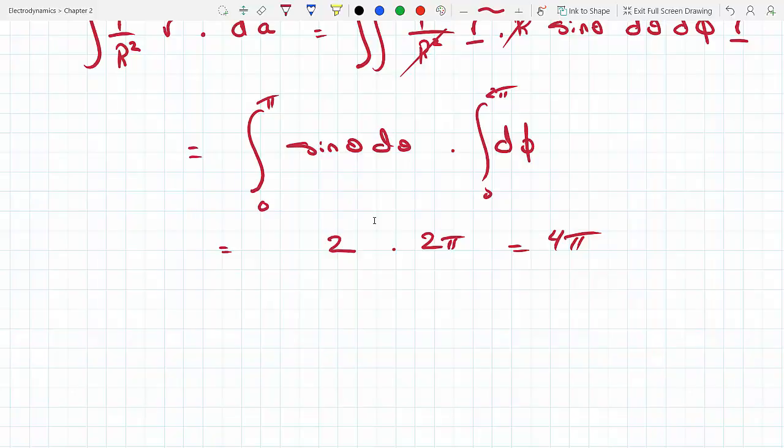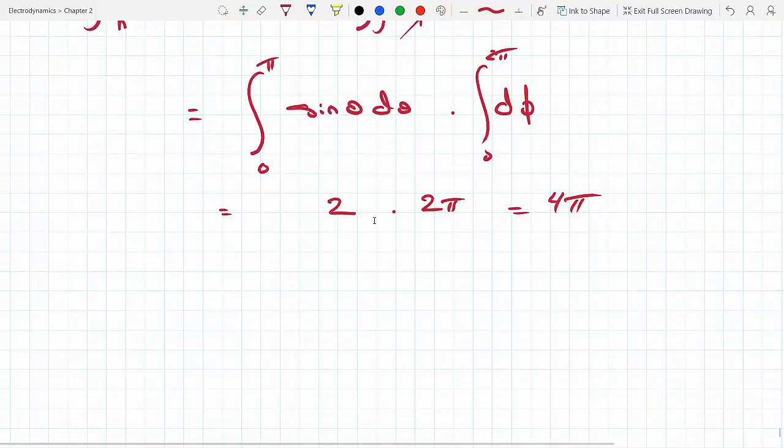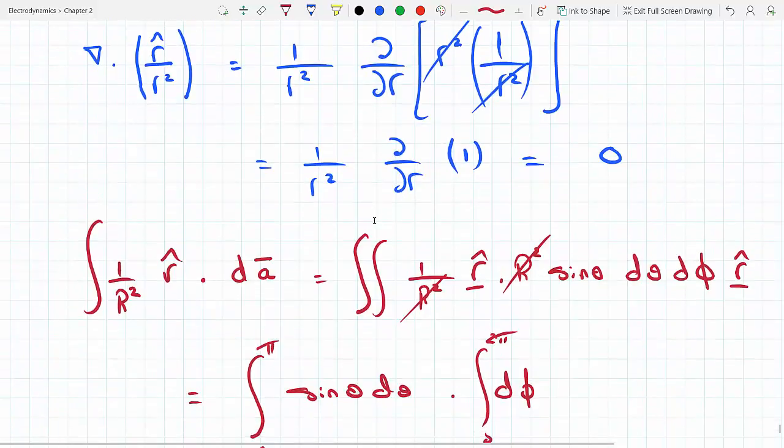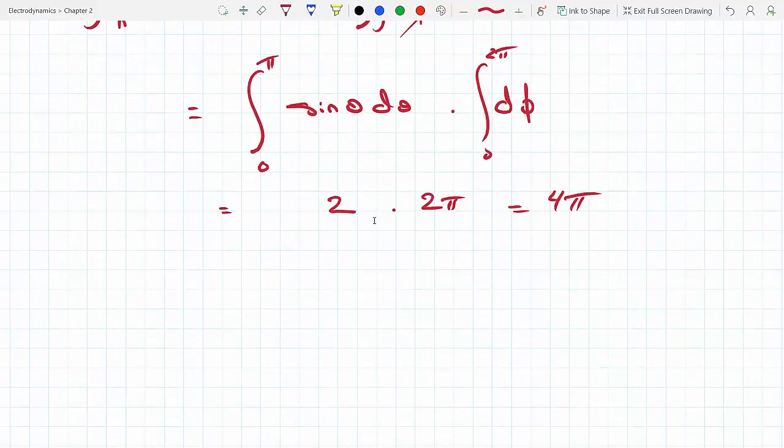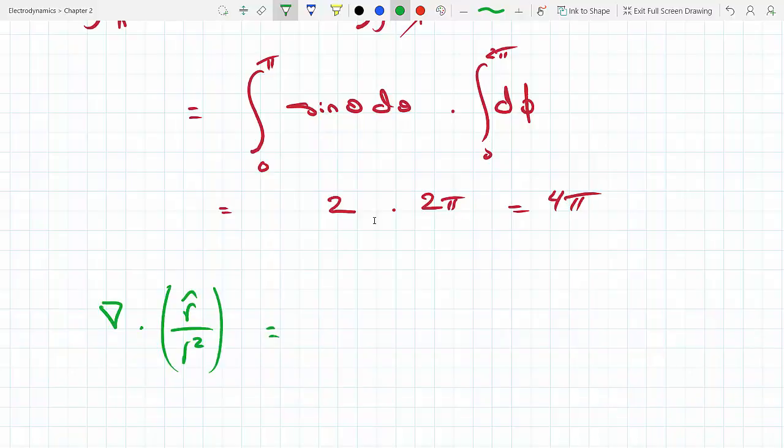So that brings us down to the divergence of r hat over r squared being really nothing but 4 pi, right?